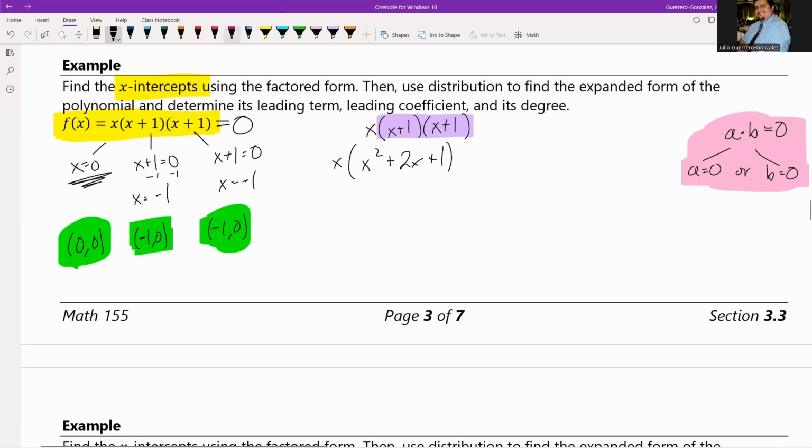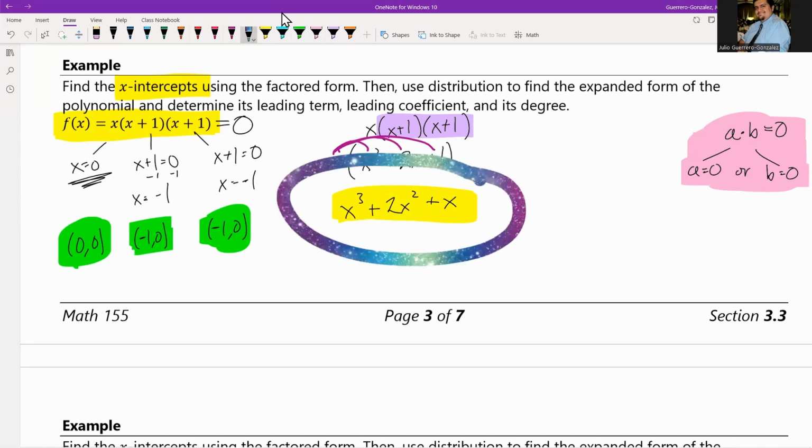So now I have this x out front. I get to distribute this into all three. That produces x cubed plus 2x squared plus x. Both of these functions, this one and this one, are exactly the same thing.